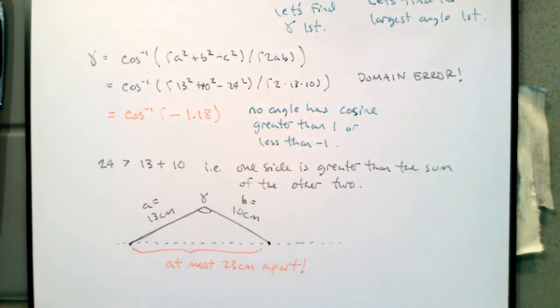If I completely flatten out gamma to 180 degrees, then the farthest I can get the start of A from the end of B is 23 centimeters. And that third side is greater than that distance. Any questions?